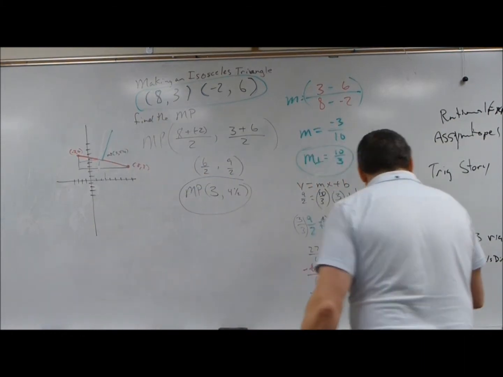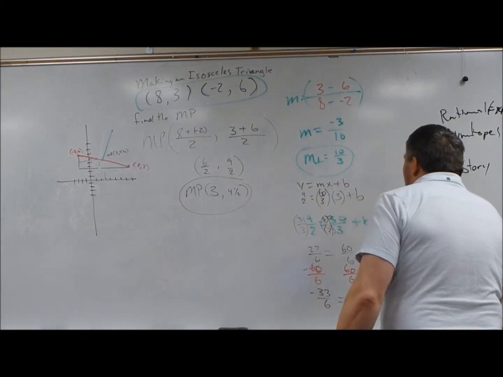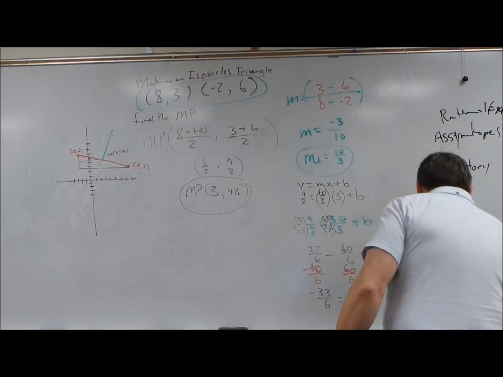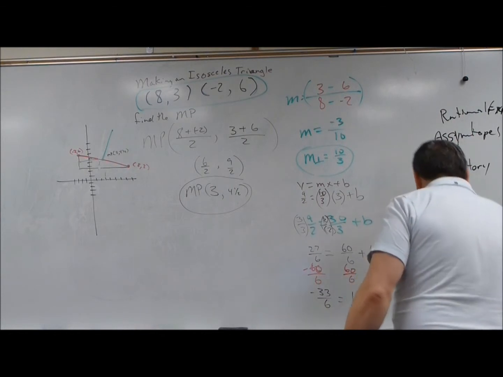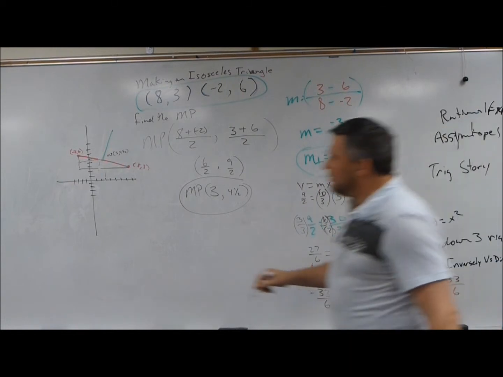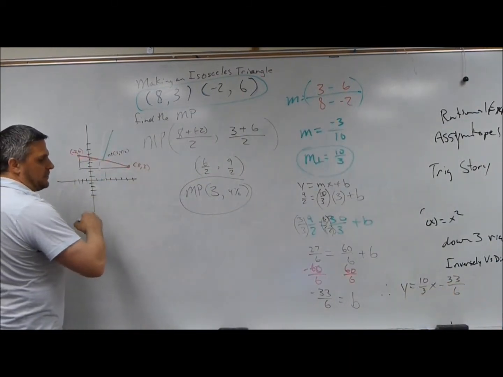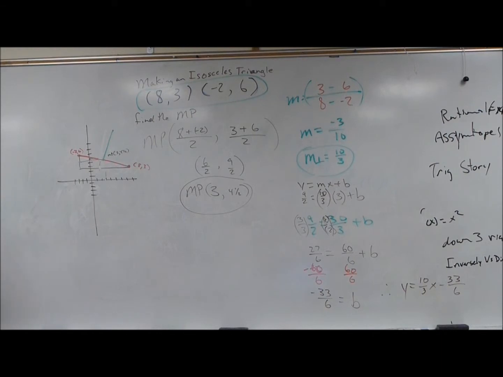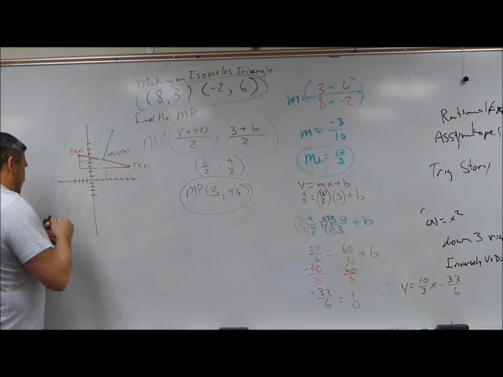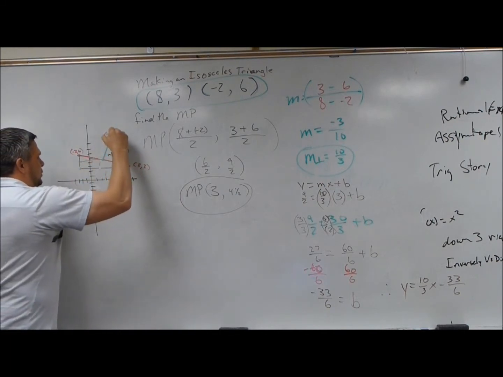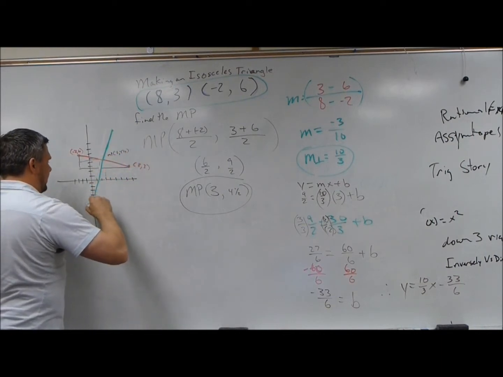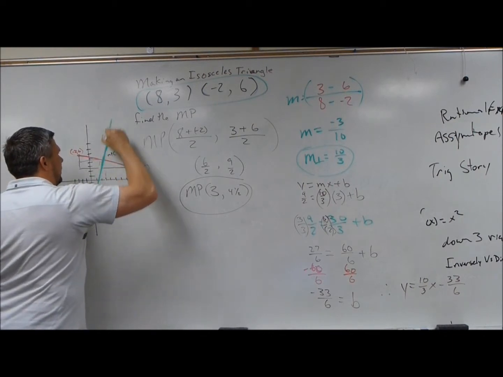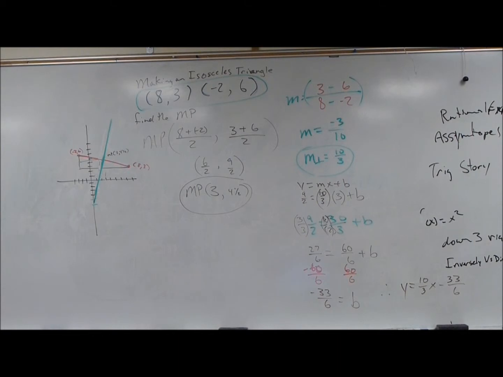So therefore, y is equal to 10 over 3 x minus 33 over 6. Now, that's going to be where this crosses the y-intercept. So 6 goes into 33 how many times? A little more than 5, right? 5.5 times. So this line should come down to 5.5. So we're at 5.5. That's about right here. Okay? So that's a little bit better picture of it.